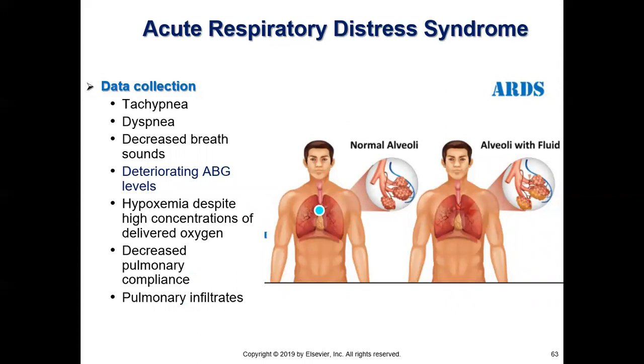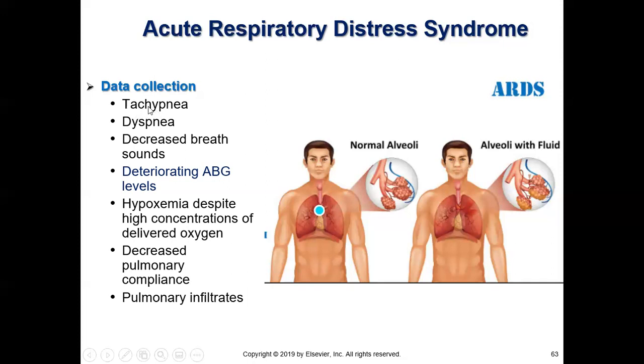In these two pictures, this is the normal alveoli, normal lungs, and they easily inflate and deflate. But here we can see that the alveoli are full of fluid and do not expand and contract easily. Acute respiratory distress syndrome, what is the data collection?